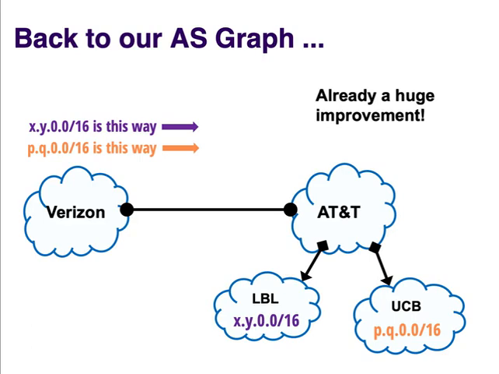You could have had 2 to the 16 hosts in LBL and 2 to the 16 in UCB. Instead of enumerating all of them, I just have to store 2 prefixes. This also tells you how interdomain routing makes this scale. The prefix is going to get you to the final domain, to Berkeley or to LBL. And then only within that domain, you're going to worry about getting to the exact host. Does this make sense to everyone?